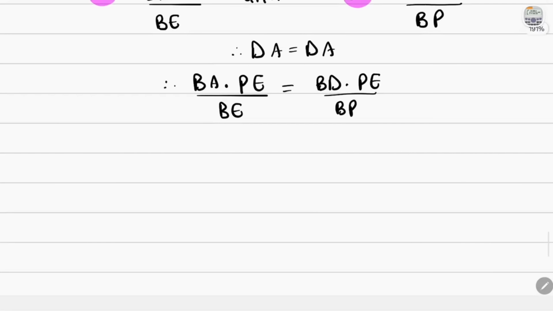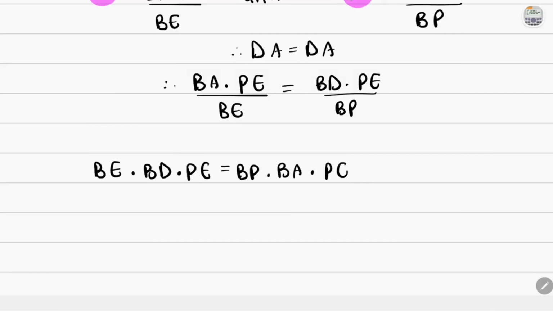Okay, so if you did that, two ways you can do it. You can decide to do it the long way, cross multiplying, which I think I should just show step by step. So let's say we had BE multiplied by BD, right, so we're cross multiplying, and then multiply by PE. It's equal to BP multiplied by BA multiplied by PE.